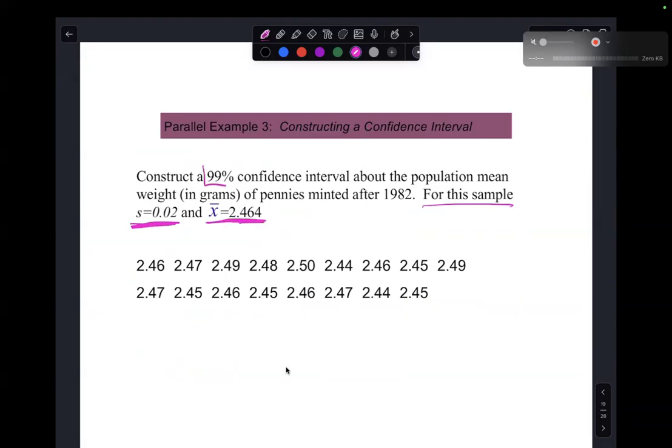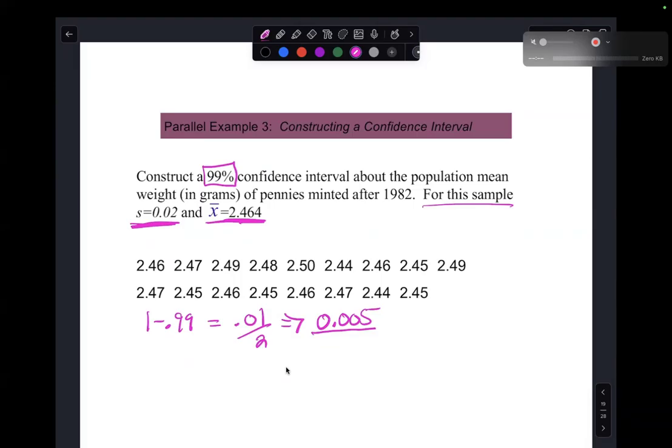Our confidence interval is 99%, so I'm going to use 1 minus 0.99, which is 0.01, and divide that by 2. So what I'm looking for is 0.005. When I get my t-value, this is what I'm using because that is 0.01 divided by 2.